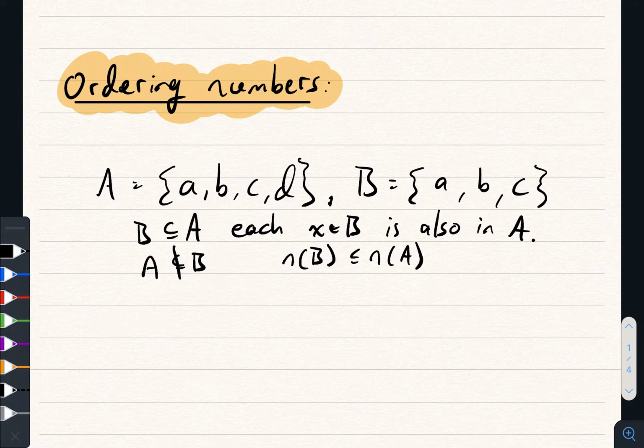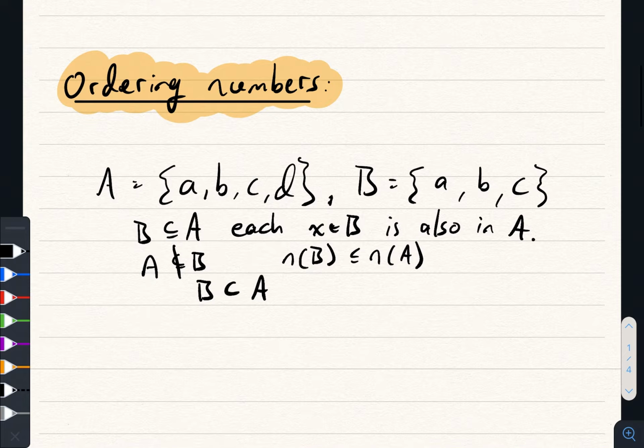And because this is a proper subset, there are 2 symbols that people use for proper subset. There's this one right here, which is kind of like a strict less than symbol. Some people do that, some people don't like that.